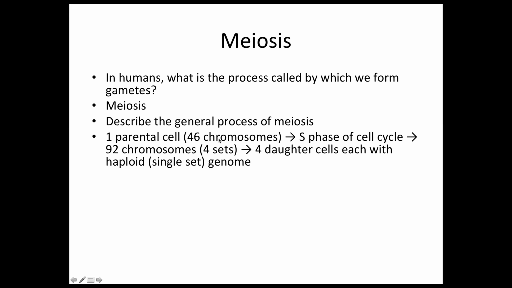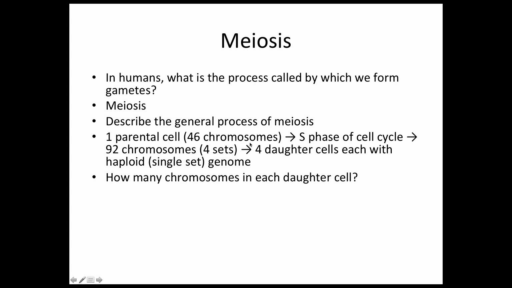So you get a parental germ cell with 46 chromosomes. You go through the S phase, so you're doubling the number of chromosomes. You had two sets, now you have four sets. Then through two separate cell divisions, you form four different cells. One cell becomes two, and then the two cells become four. And each of those cells now has a single haploid genome.